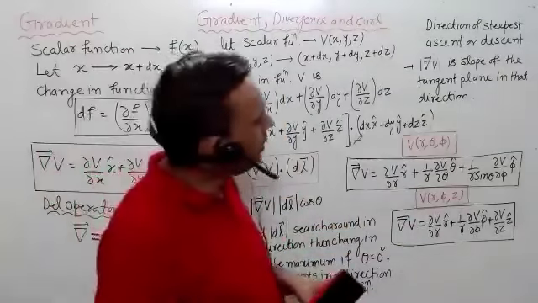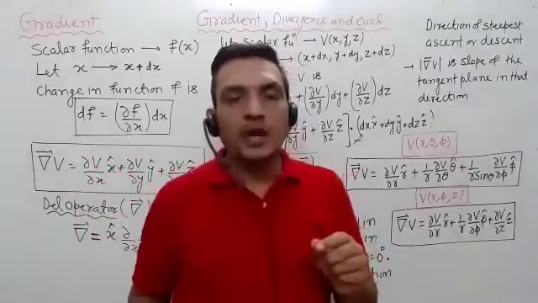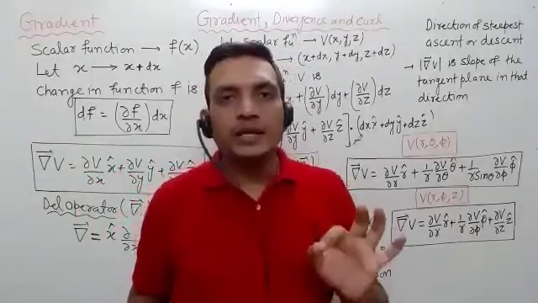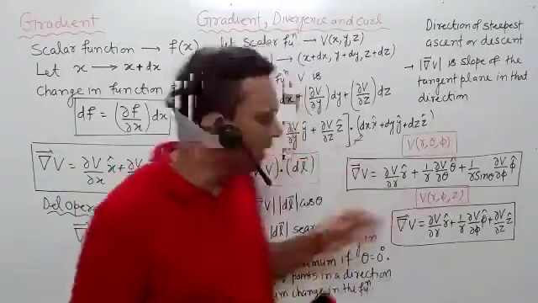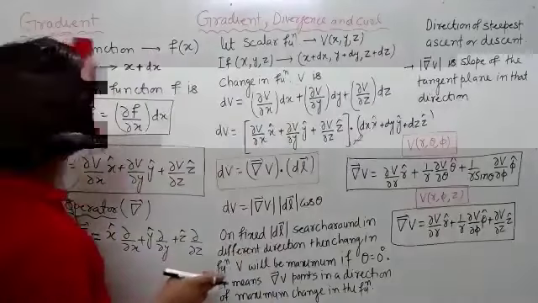Now there is one other application. Sometimes you have to find unit vector normal to a given plane. So using gradient, we can find unit vector normal to a plane.